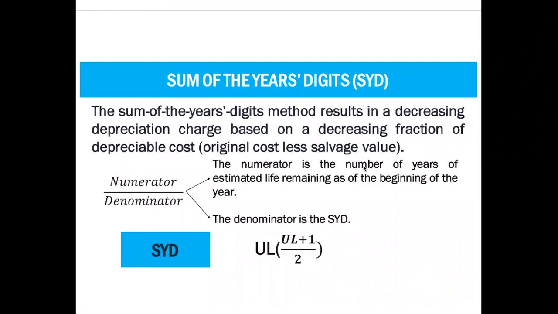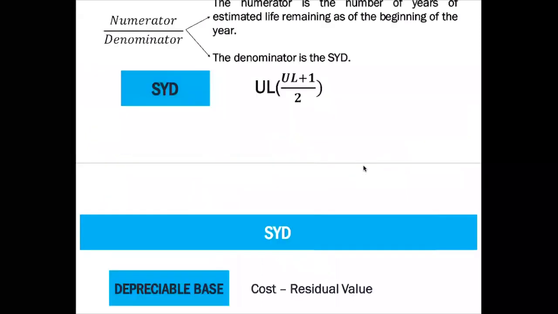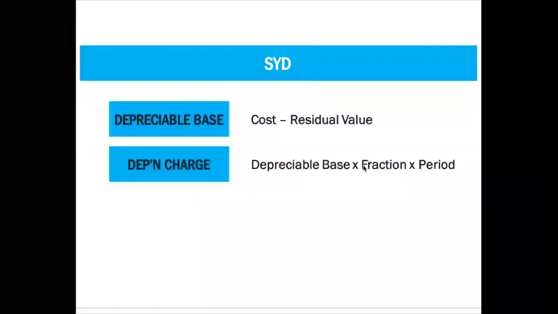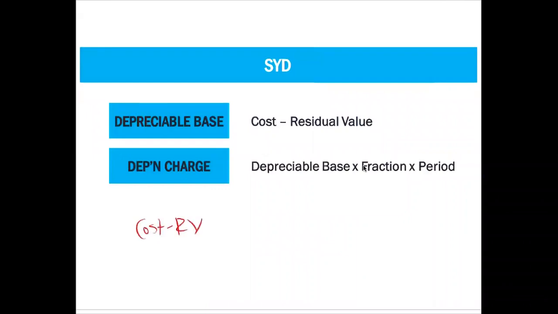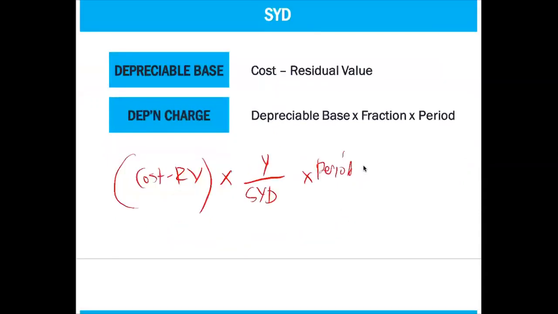So for your sum of the year's digits, the numerator is the number of year and the denominator is the SYD. But take note, to compute for this one, we just get first your depreciable base. So this is equal to your cost less residual value multiplied by your fraction, which is your year divided by your SYD, multiplied by your period.